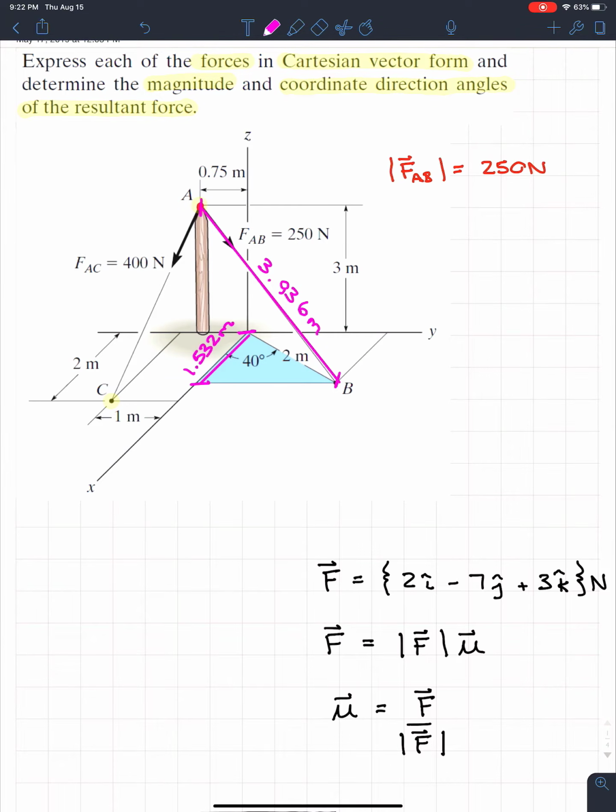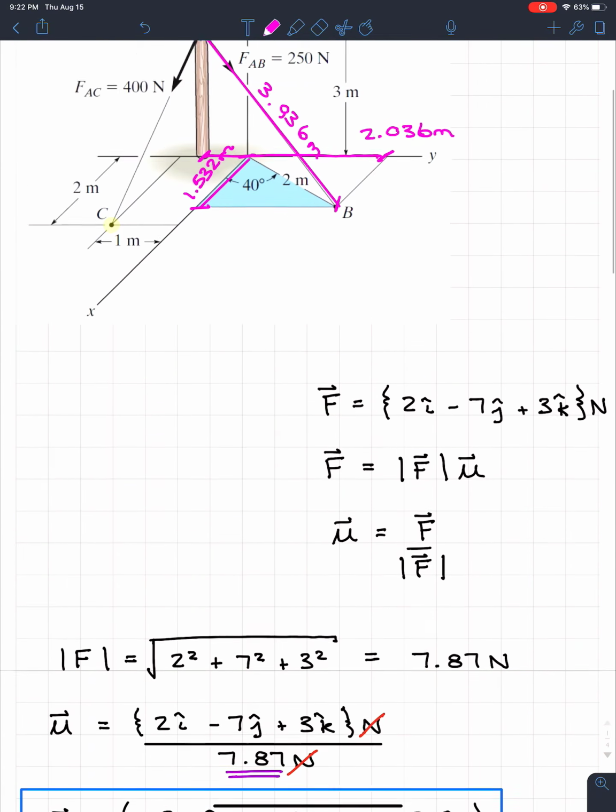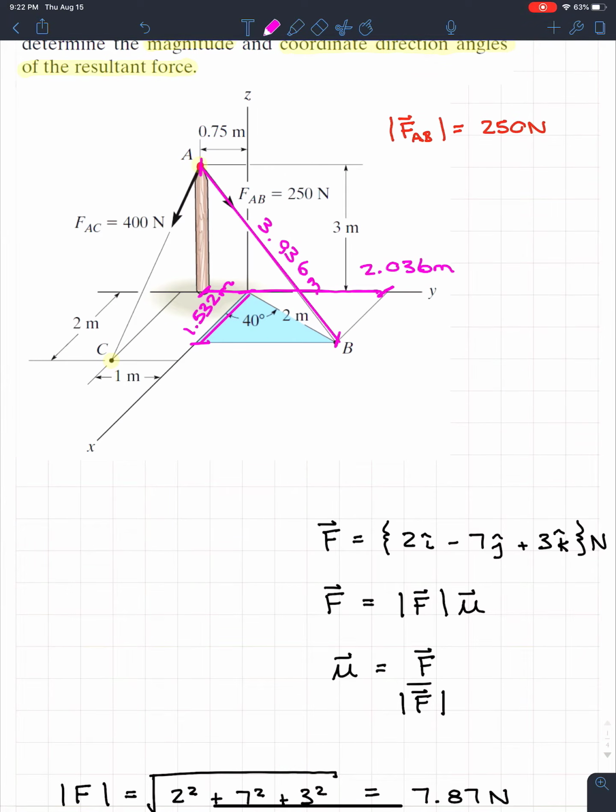So that means the distance from A to B, so that would be from here all the way back here. So this distance there, that's going to be the 2.036 meters. And then finally, we have the z, which is negative 3, which of course makes sense because to go from A to B, we have to go down a distance of negative 3. So that's negative 3 meters.